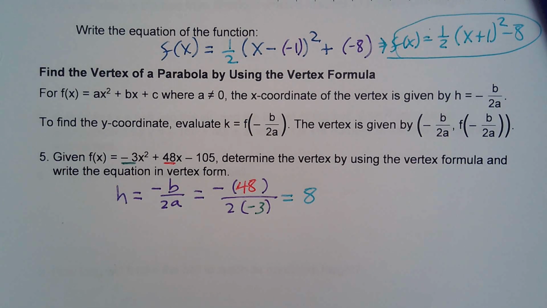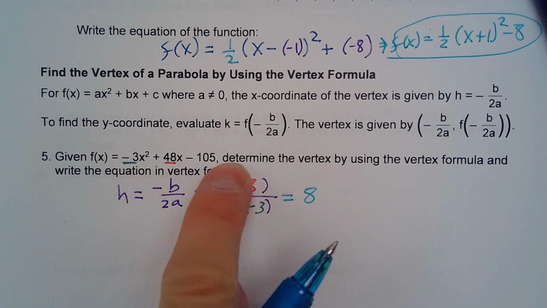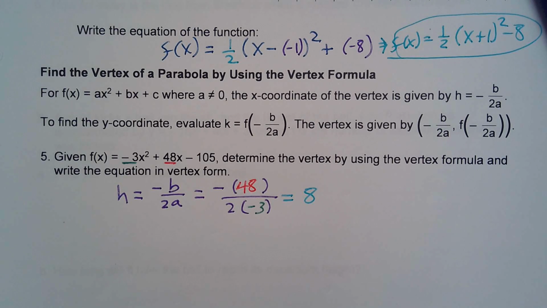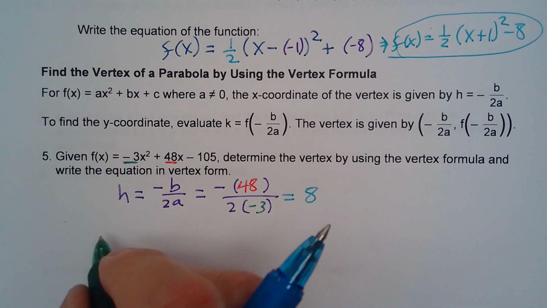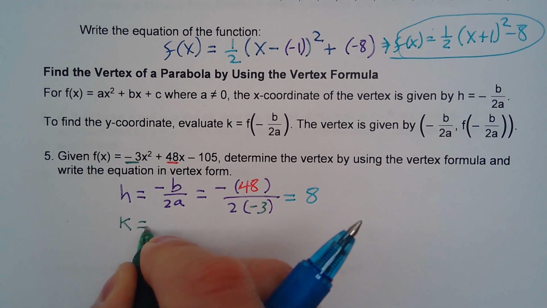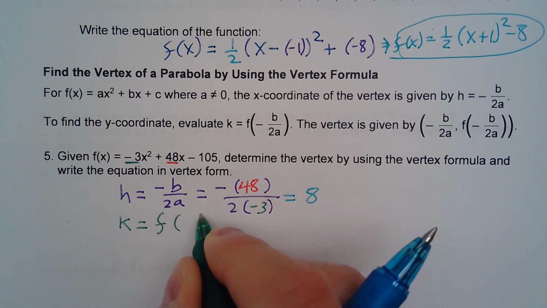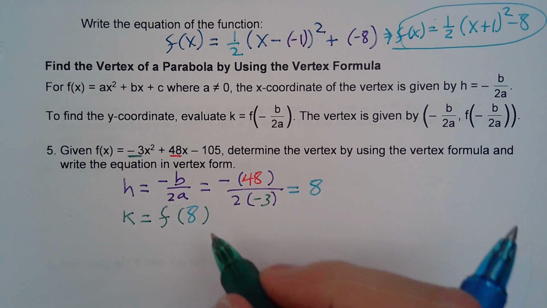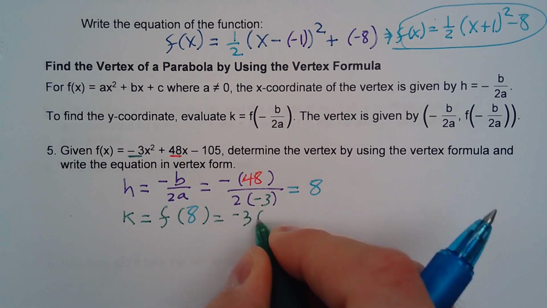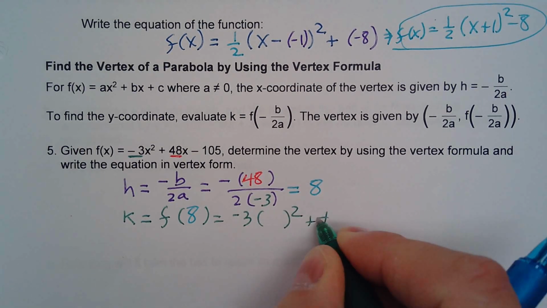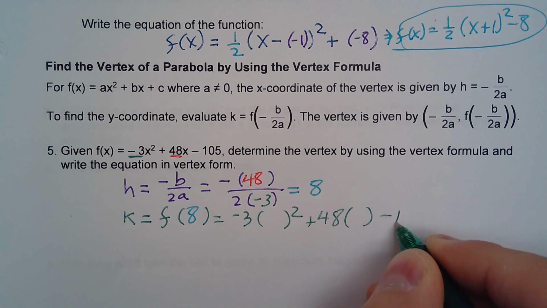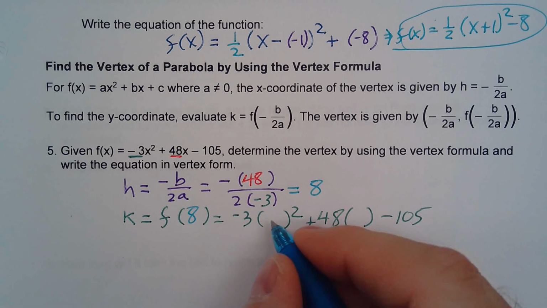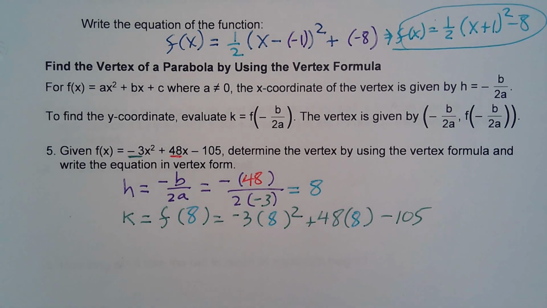Now to find my k, I'm going to take this 8 and plug it back in for x. So my k value is f of 8. Let's go ahead and punch that out on our calculator.